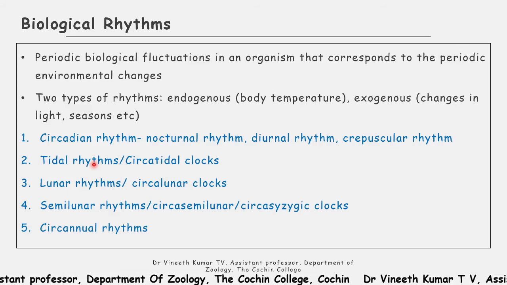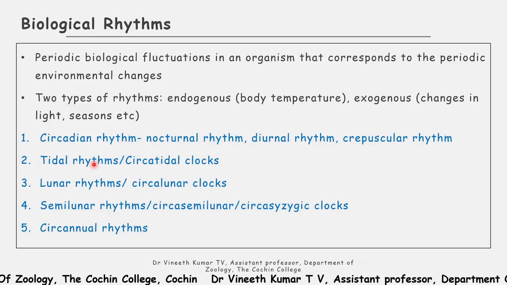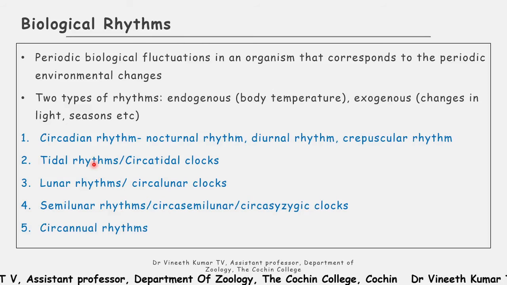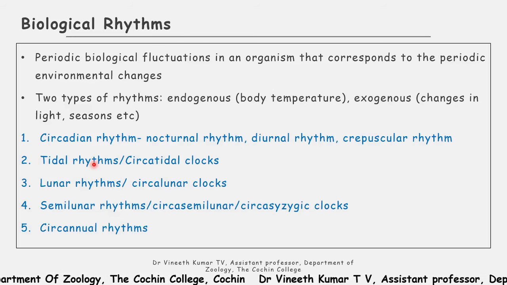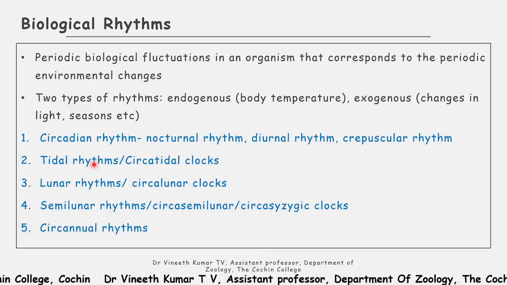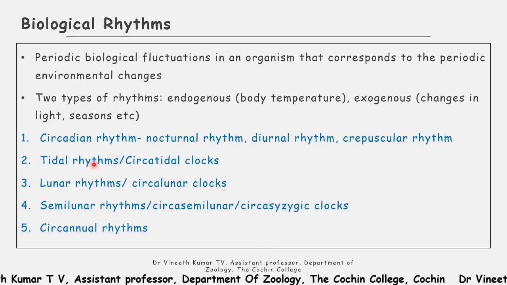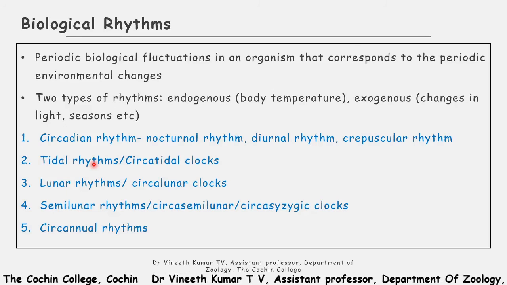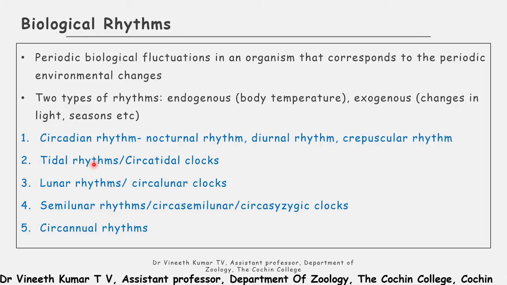The examples can be hibernation, aestivation, migration. All these are examples of circannual rhythms or circannual cycles. Circannual cycles usually happen because of extreme weather conditions. That's why organisms go for hibernation, aestivation, and migration.